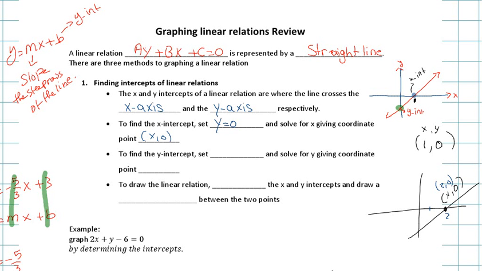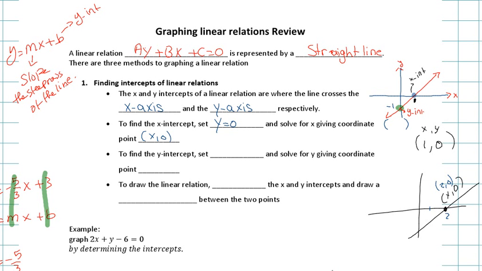Now, to find the y-intercept, I'm looking at this point right here. Let's say this is -1. What would be the coordinate of that point? Which one goes first? 0, then -1, because this is on the y-axis, right?